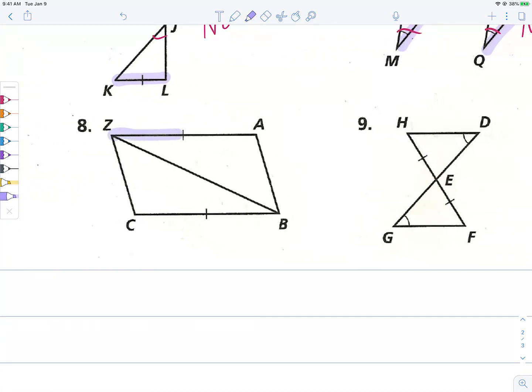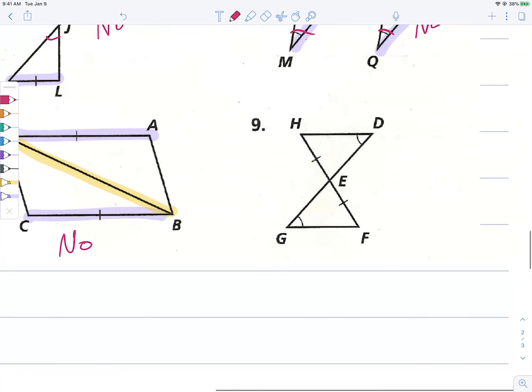We have these congruent sides. Any side is congruent to itself. We don't have any information on angles. We don't know if the two that I highlighted in purple are parallel. If we did, we could have some alternate interior angles, but we do not. So we cannot prove anything else because we don't have any angles. So this is going to be a no.